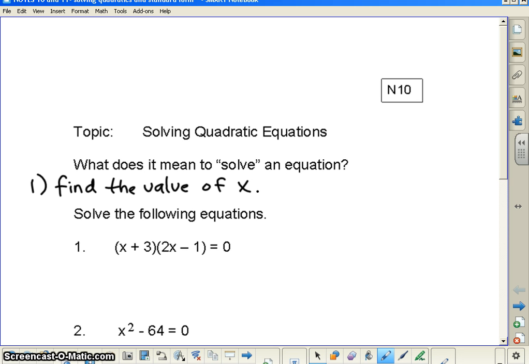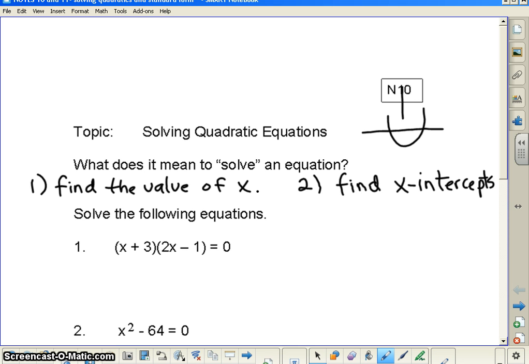The other thing that it could mean is find x-intercepts. Like I just said, if you have a quadratic equation, it's going to cross the x-axis twice.